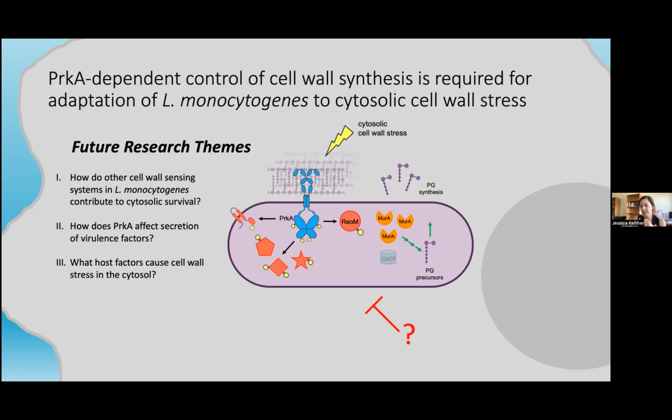For example, they're sensitive to killing in the macrophage, but not in epithelial cells. So we definitely think that there are likely different antimicrobial pathways and factors in these cells. I will say that PERK is kind of great because it's sensitive to every cell type that we've tested it in, which is consistent with its role in affecting physiology in a variety of ways. But yeah, that's definitely something we're interested in investigating.